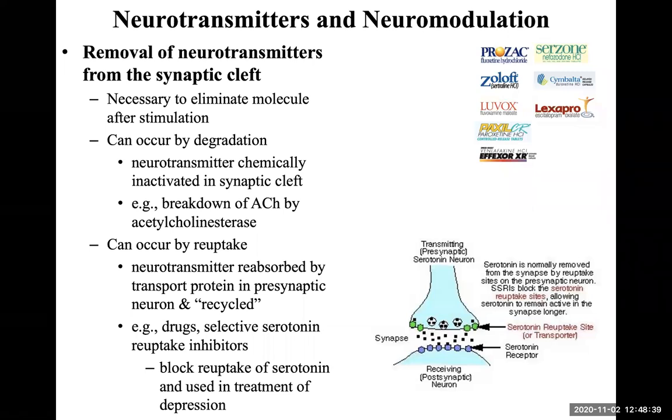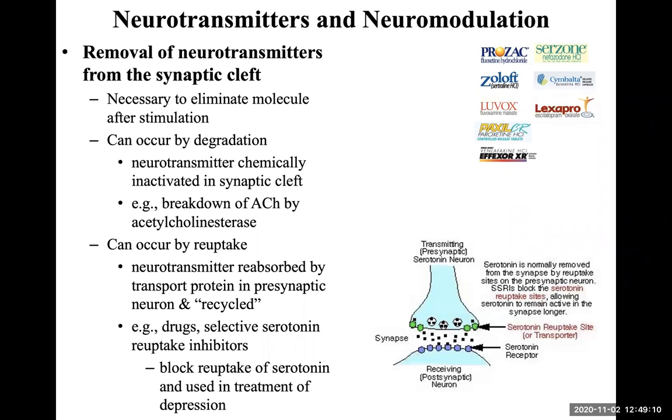One way in which that is accomplished is by the degradation of the neurotransmitters by the specific enzymes responsible for breaking them down. When we were talking about the neuromuscular junction, we discussed acetylcholinesterase, which is the enzyme that breaks down acetylcholine. Another way in which the neurotransmitter is removed from the synaptic cleft is by reuptake.